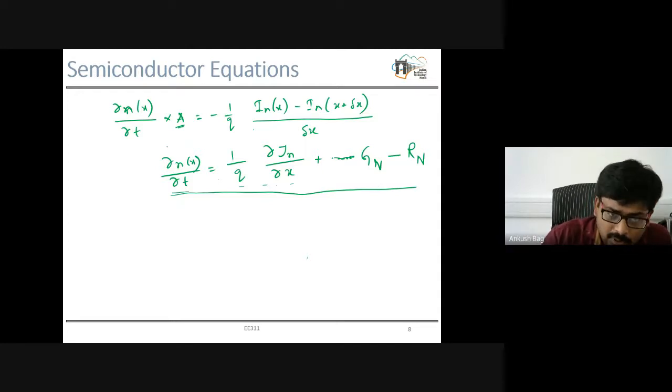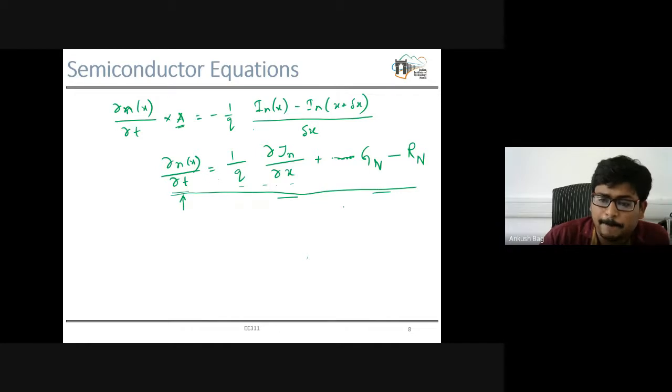And the significance of this continuity equation is that it relates, within the semiconductor, how the carrier concentration varies with time to the current density variation with space. The unit of this generation and recombination is number per centimeter cube per second.